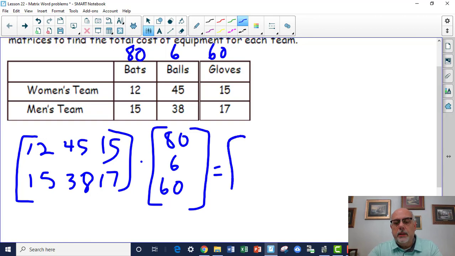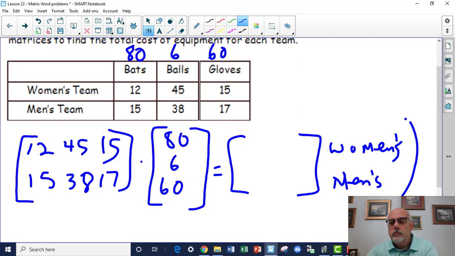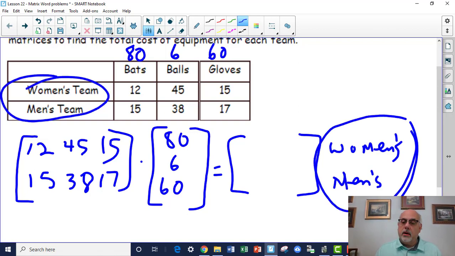So what you're going to wind up with is a matrix, 2 rows, 1 column, and the top row will be the women's, and then the men's. They will appear in the same order that they are there.